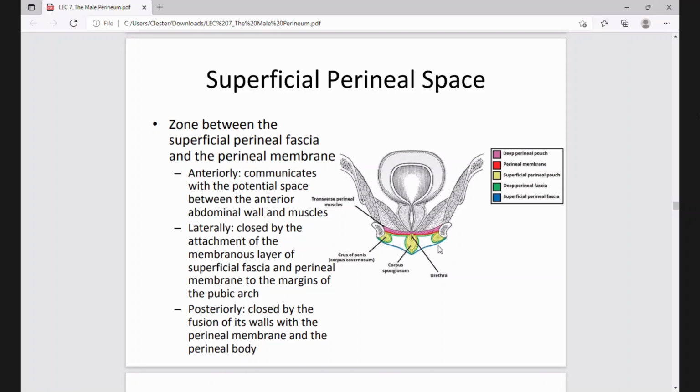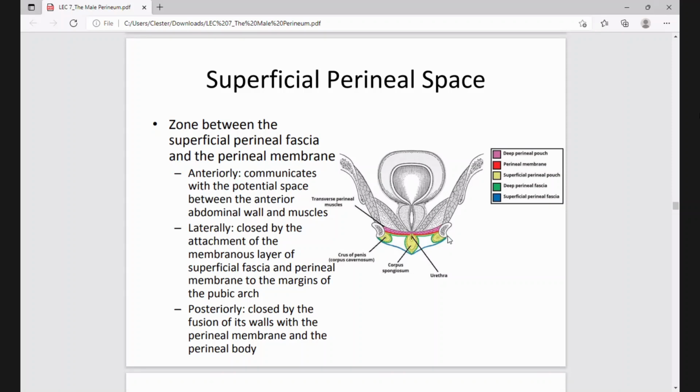Now, if we follow the layer that is enclosing the superficial perineal pouch, you will find that it is attached to the margin of the pubic arch, pubic bone. Superficial layer to yung deep layer, perineal fascia mo, is attached to the pubic arch.